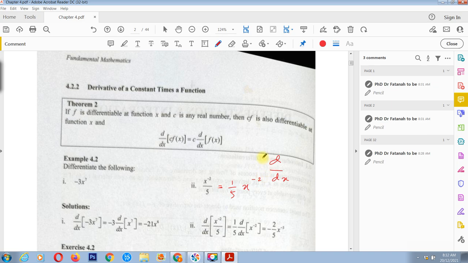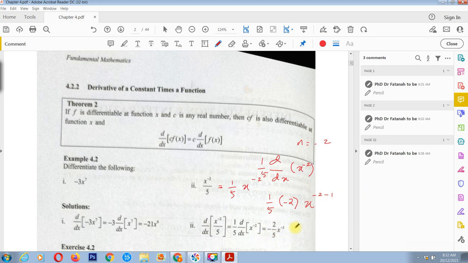So 1 over 5 is in front, and then we just deal with x to the power of negative 2. So 1 over 5, and then we copy the negative 2, just copy because n here is negative 2, and then we have x to the power of negative 2 minus 1.